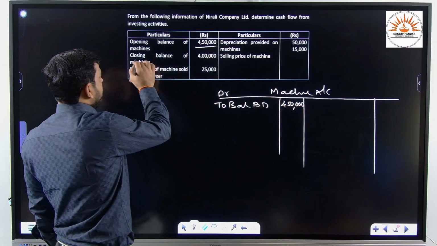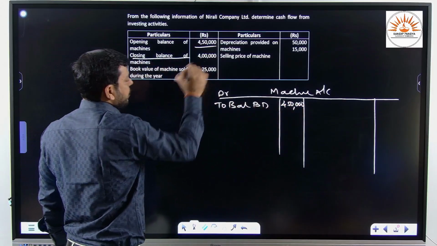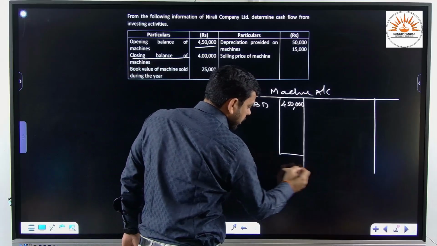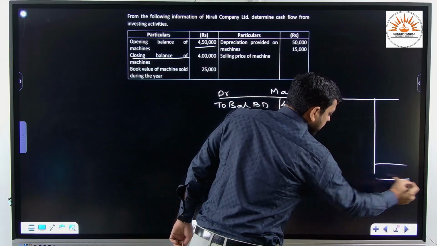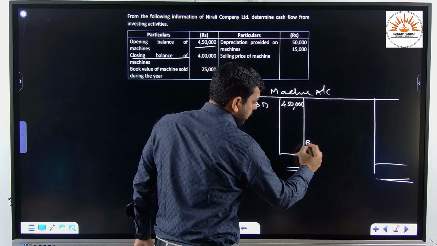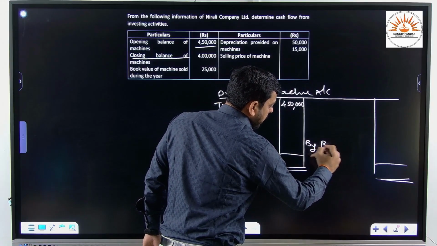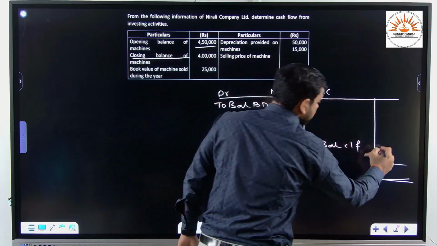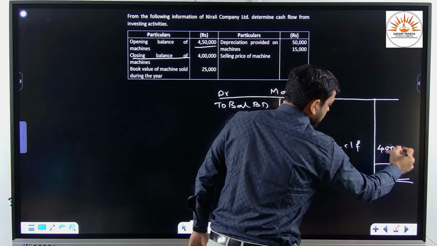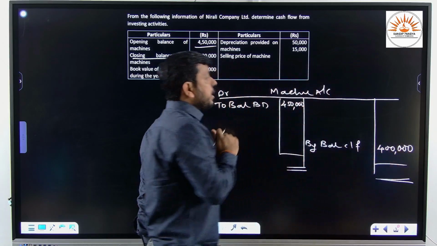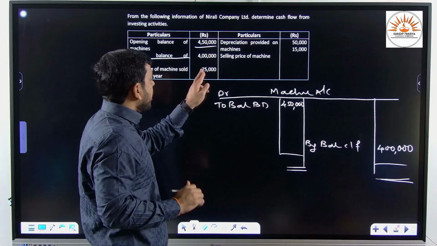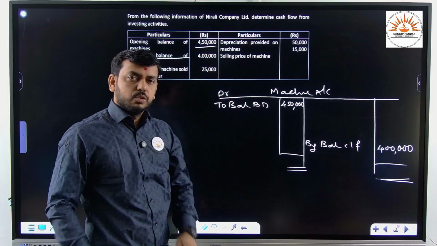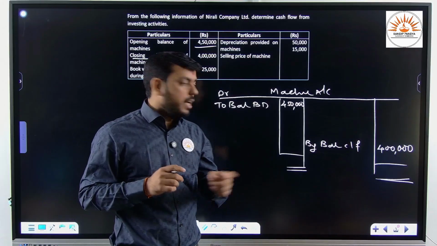So obviously we know the closing balance of machine account will be written on the credit side. So just for the sake of calculation, let me write here by balance carry forward. That will be rupees 4 lakhs. So let me clarify over here. If we had not been given these 3 additional pieces of information, can you make sense of what this indicates?